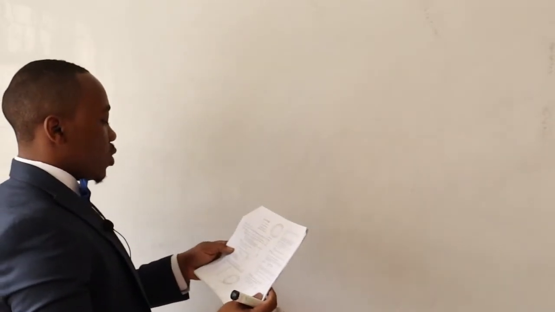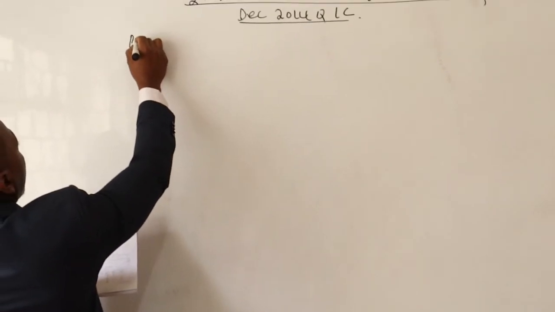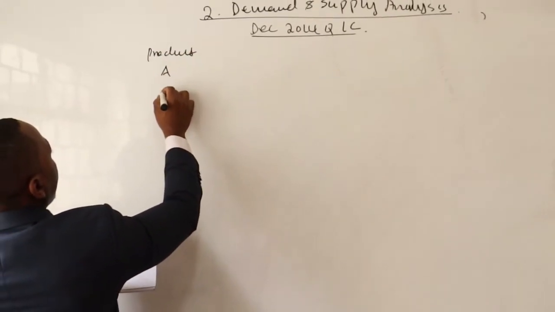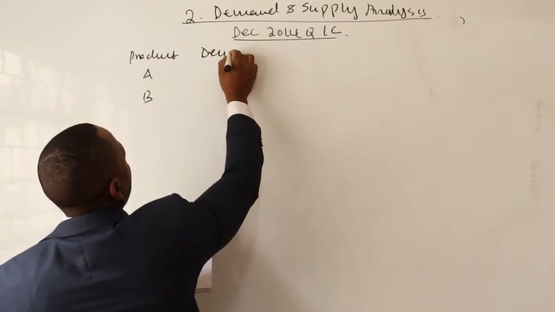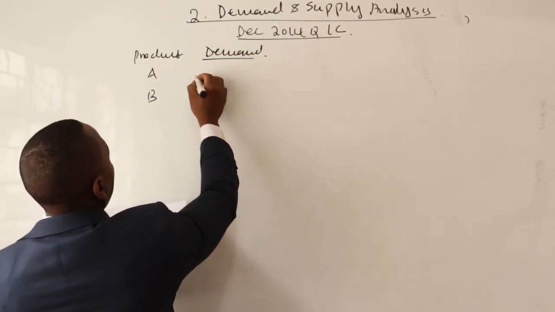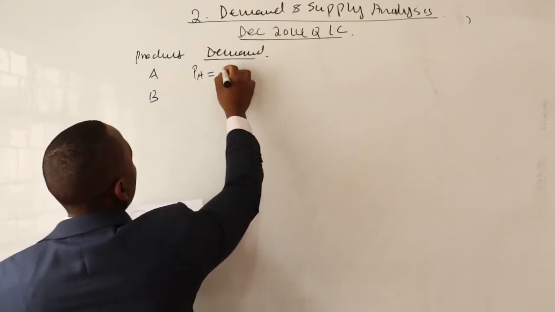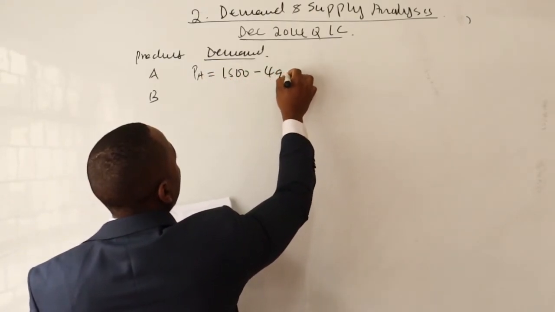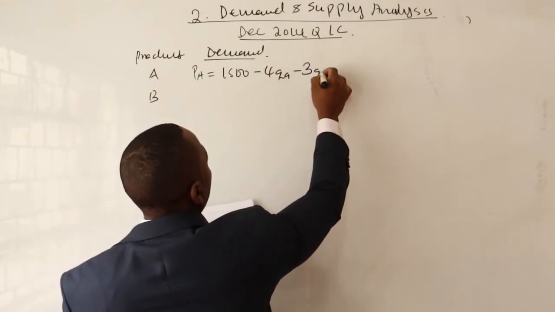We are told that the demand and the supply functions for products A and B are given as follows. Let me just write the question here. For the demand equation, PA is equal to 1500 minus 4QA minus 3QB.